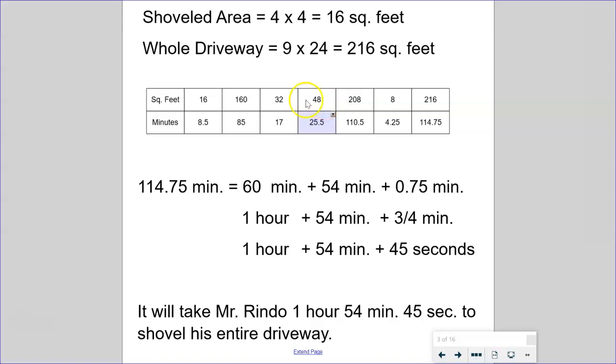So now that I've done that, I took 160 and 48, added them together to get 208, and then I took 85 minutes and 25.5 minutes, added those together, and that gave me 110 5/10, or 110.5, minutes. And then at that point, I realized that I was 8 square feet away from my target of 216.